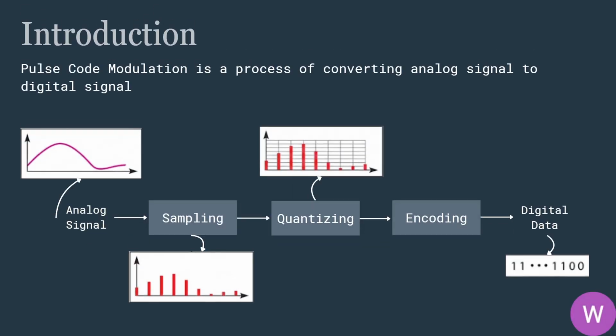Basically, PCM is a process of converting an analog signal into a digital signal. As I mentioned just now, the analog signal goes through sampling, then quantizing, and finally encoding, and the output will be digital data.